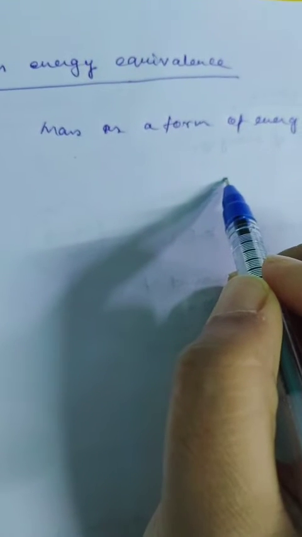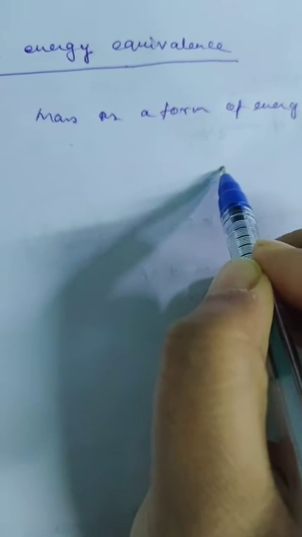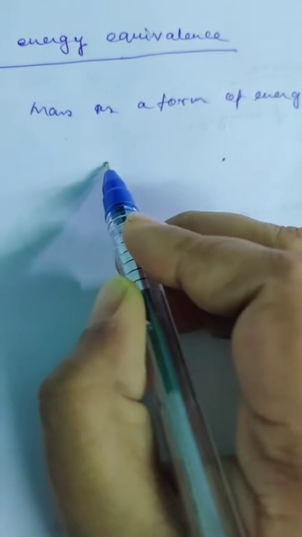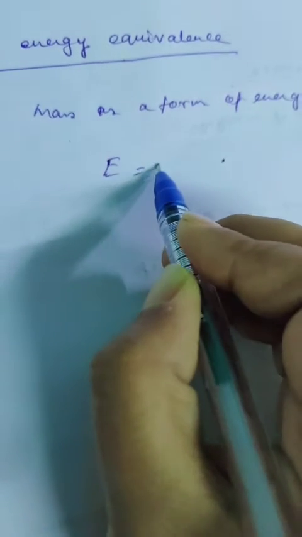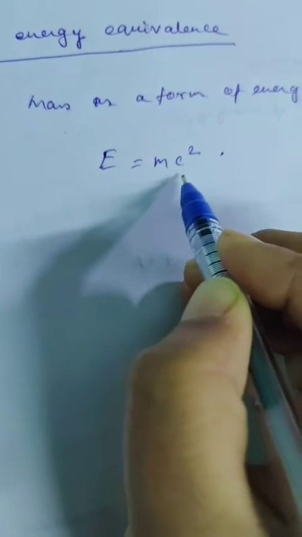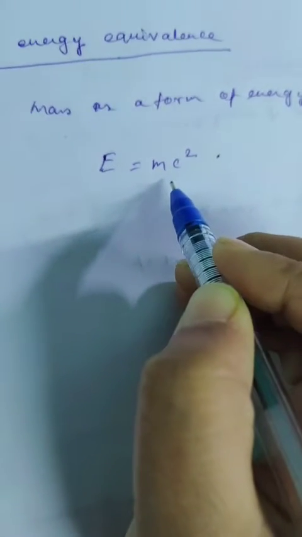So one can convert mass and energy into various other forms of energy. Now he showed a relationship between energy and mass, where c is the speed of light in vacuum.